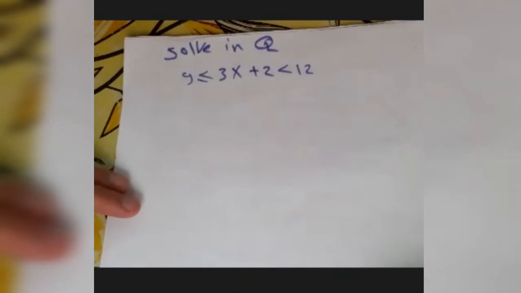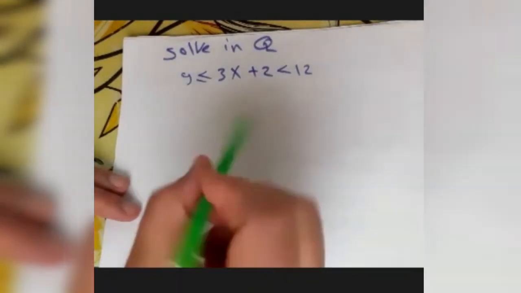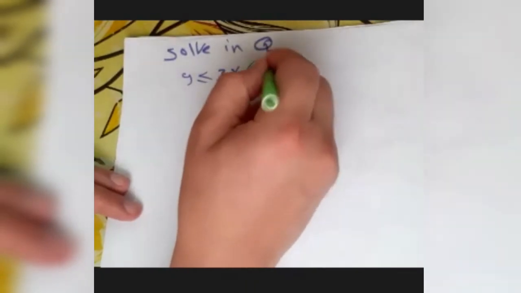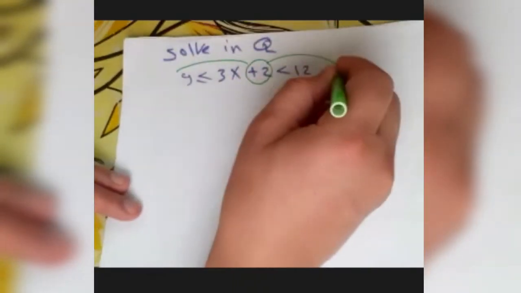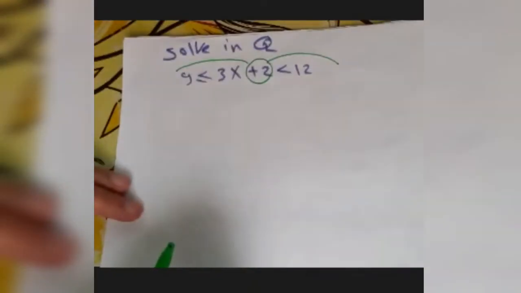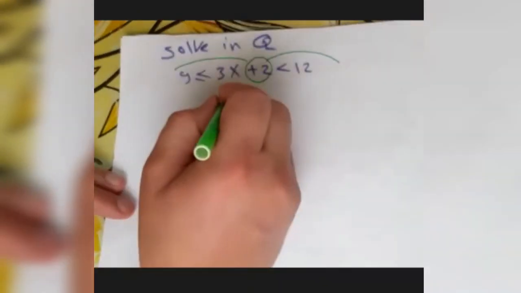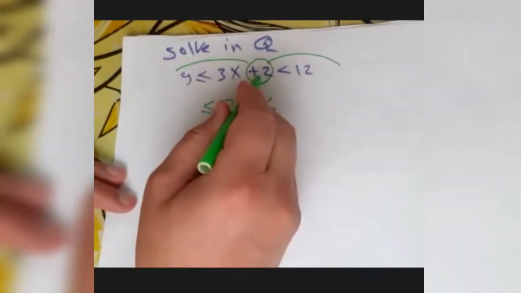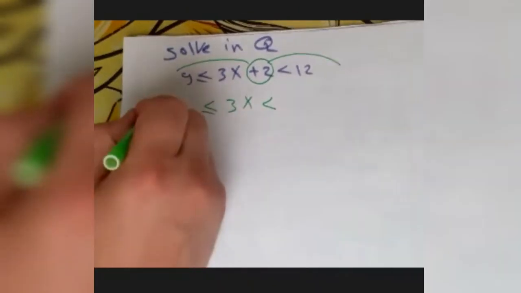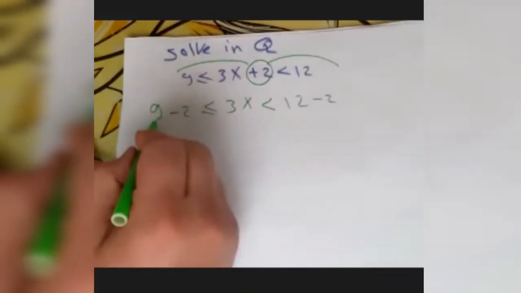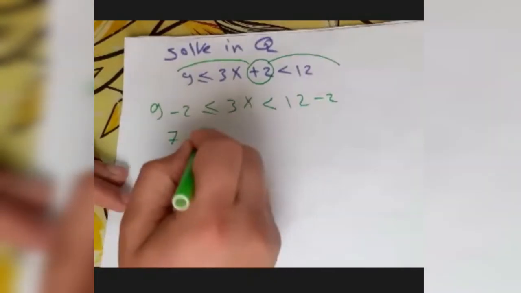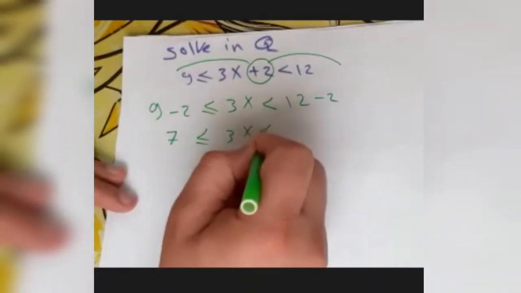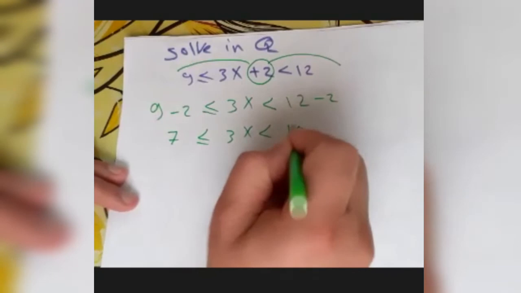Do the same steps, but move positive 2 to the left side and right side by negative sign. So we can write in the middle 3x, and negative 2 to the left side, 9 minus 2, and right side, 12 minus 2. 9 minus 2 equals 7. 12 minus 2 equals 10.